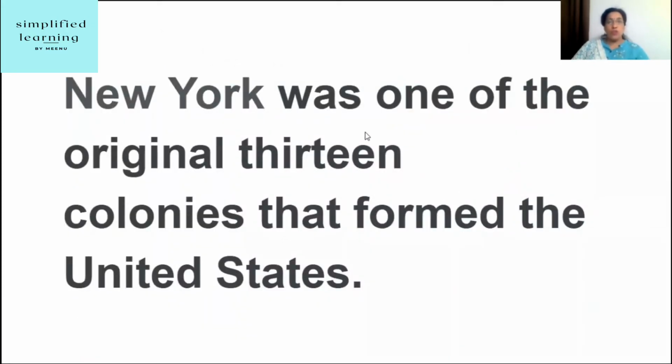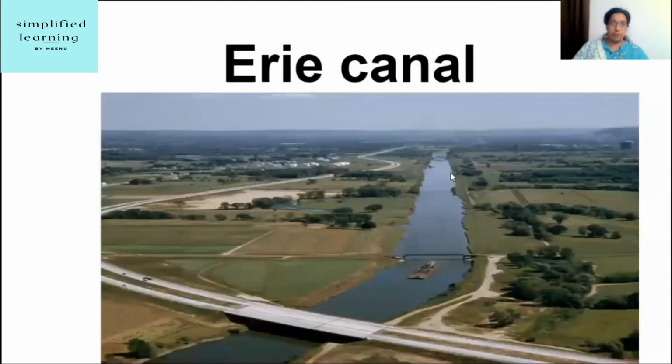New York was one of the original 13 colonies that formed the United States. The Erie Canal connects New York to the Great Lakes region. The Erie Canal, a historic waterway of the United States, connects the Great Lakes with New York City via the Hudson River at Albany. The construction began in 1817 and was completed in 1825.